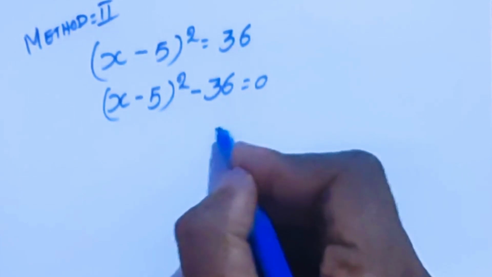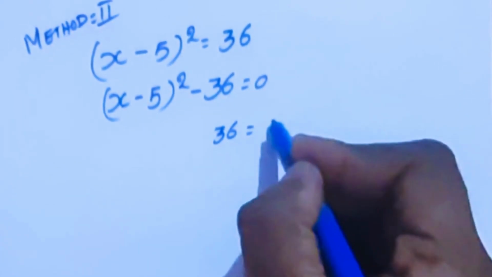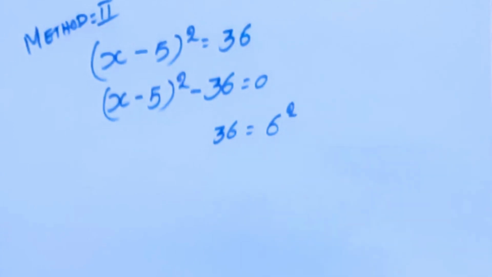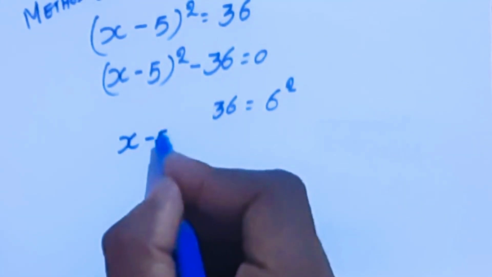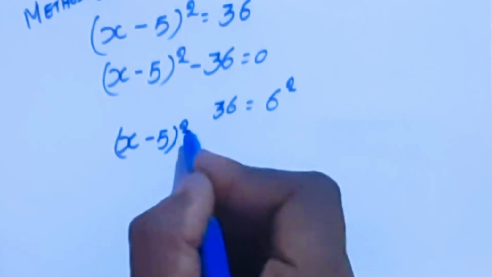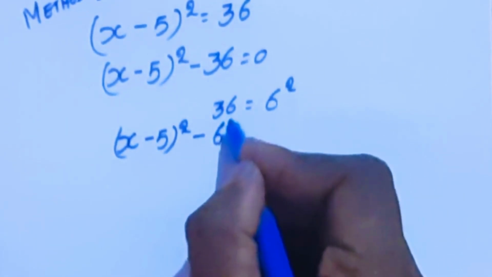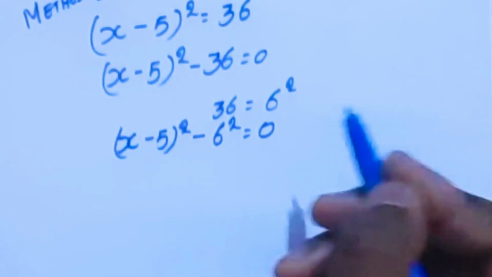So here 36 can be written as 6 square. So we are going to apply this here. So (x minus 5) whole square minus 6 square equal to 0.